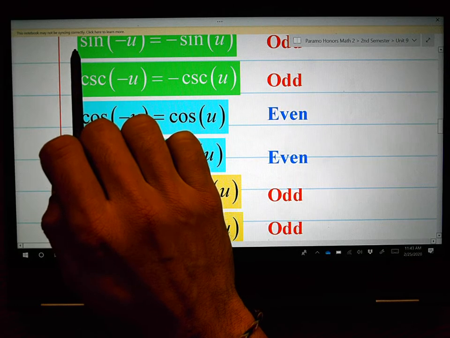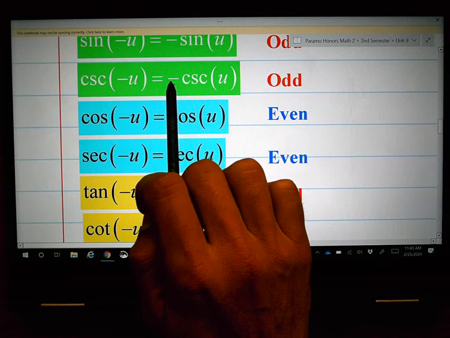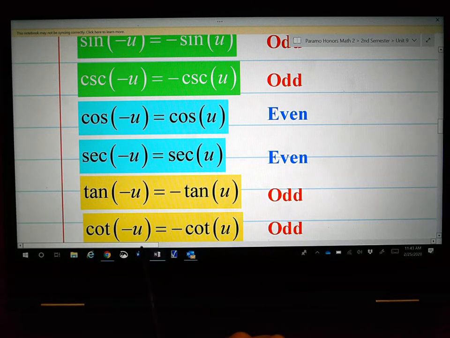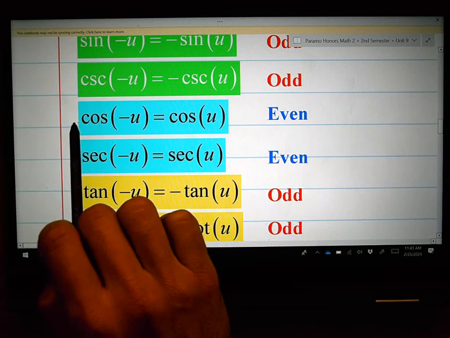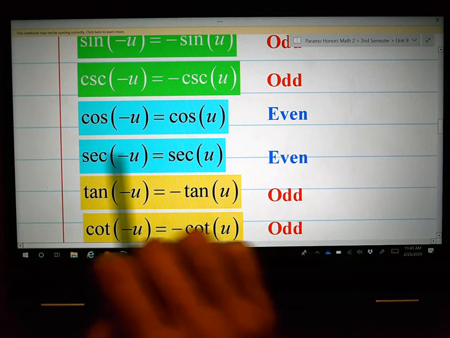Let me show you what I mean. This is a positive, then it switches to a negative, positive switches to a negative, positive switches to a negative, or sometimes it stays the same sign. Positive stays a positive, positive stays a positive.